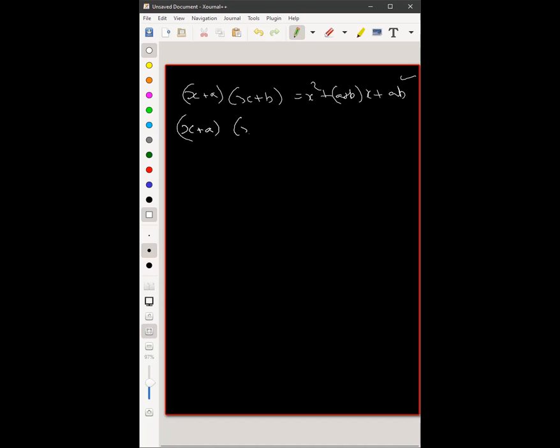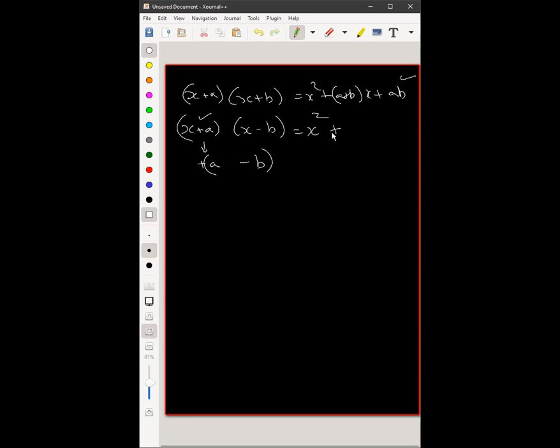Now look at x plus a into x minus b. So this is x squared. This is fine. Now the problem is plus or minus. What is over here? Plus. So we'll have to put a plus here. So we get plus a and we have minus b, and we're basically putting a bracket here.